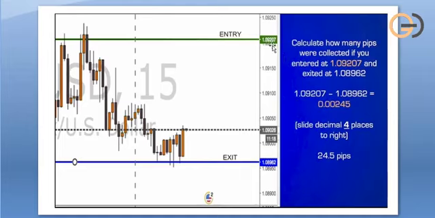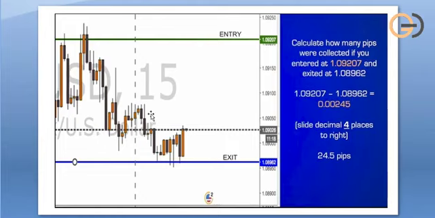Now you see the entry point here at 1.09207. We enter the market here and we exit the market here at 1.08962. So how do you know how many pips the market has moved, which is the SI unit of price, the extent to which price has moved, because that's how you're going to calculate how much you make and how much you lose.